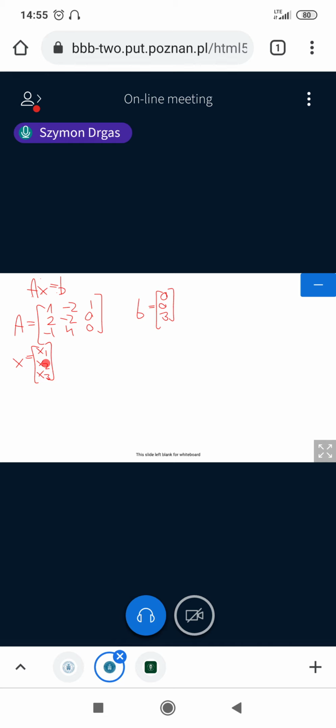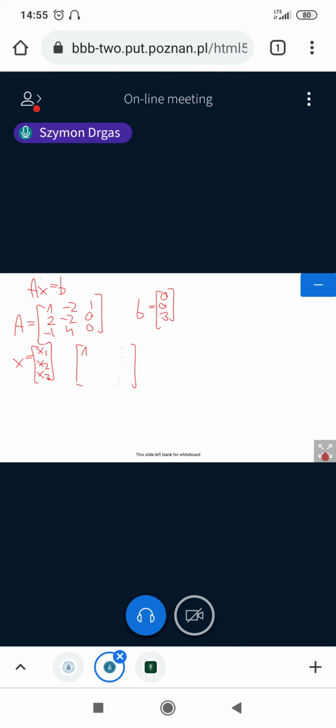Okay, so we can use this notation. We can use an augmented matrix to solve the system of equations in a very similar way as previously. So we can add the components of this vector B as a fourth column of a new matrix.